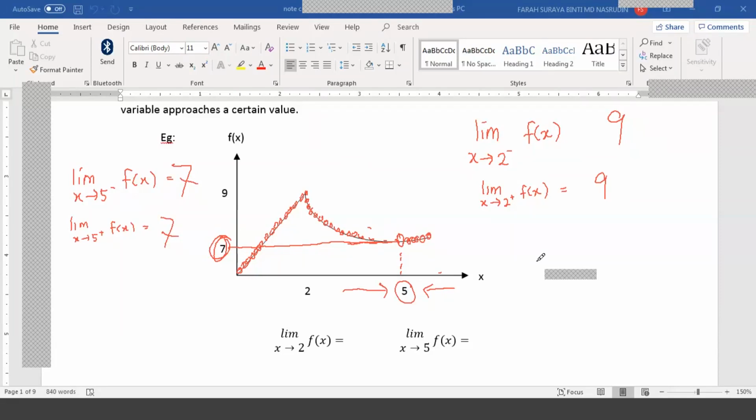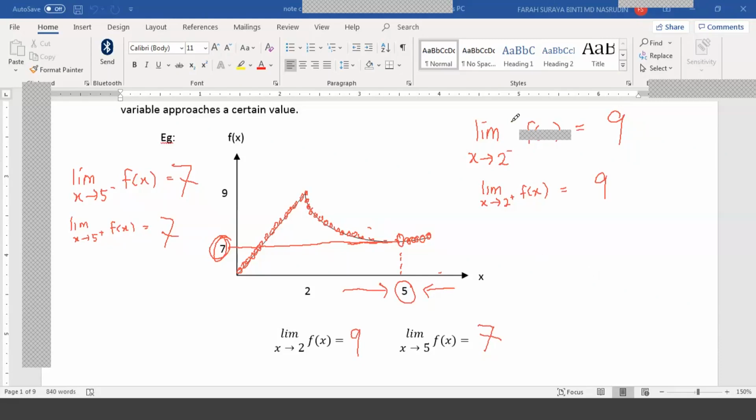Limit sebelah kiri dengan sebelah kanan, awak tengok jawapan dia sama. Untuk kedua-dua soalan ni. So, bila limit sebelah kiri dengan kanan, jawapan dekat sini adalah 9, 7. Okay. So, sebelah kiri dengan sebelah kanan sama.